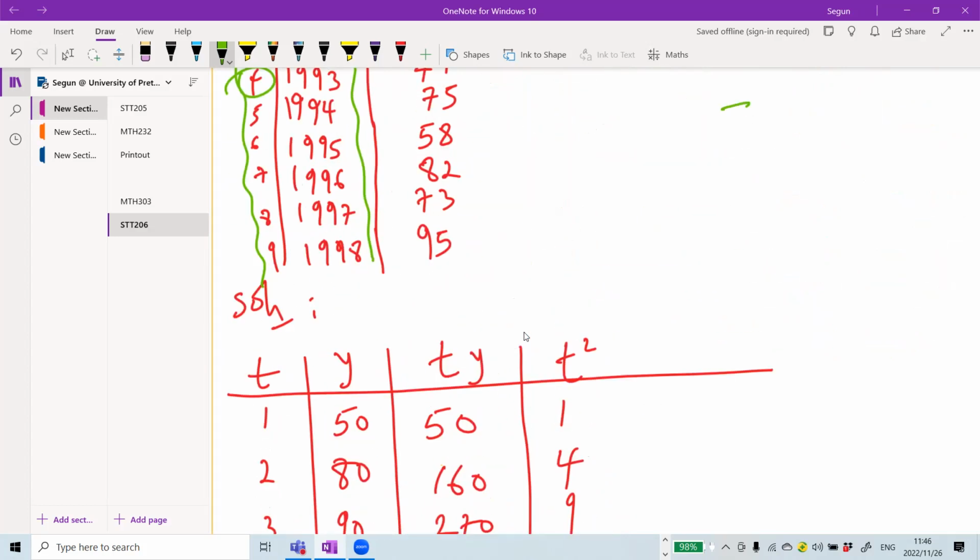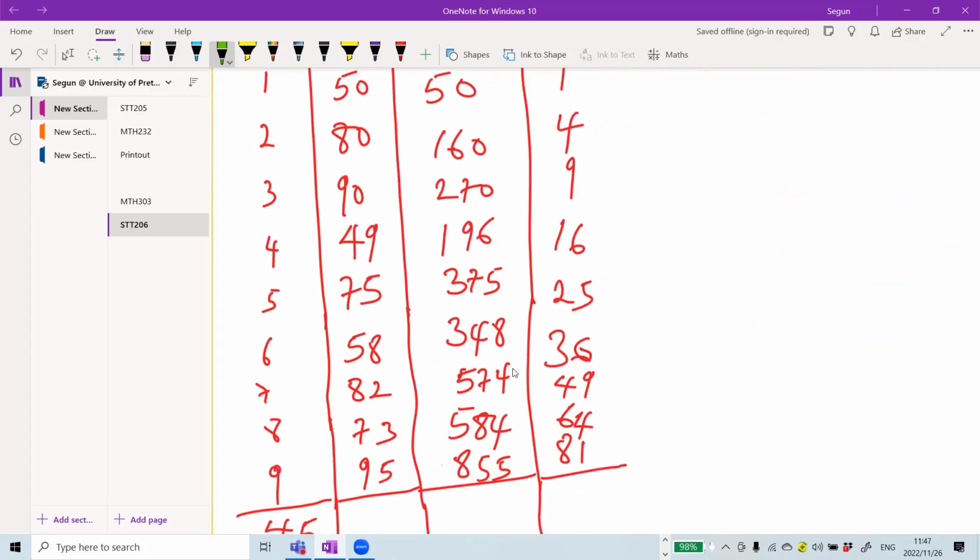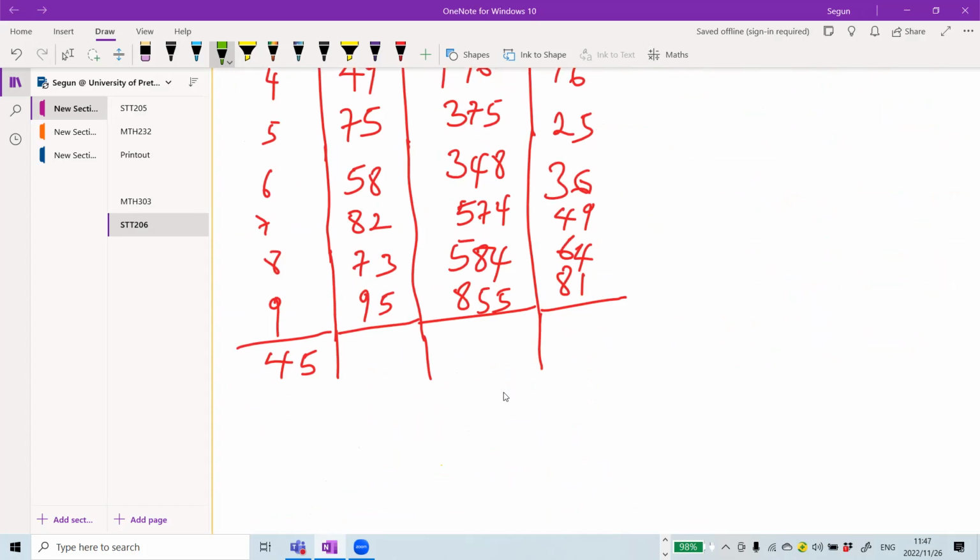Anybody? 3412. No, that's for summation TY. TY is 3412. Then summation Y is 652. Which one is 285? Summation T squared.